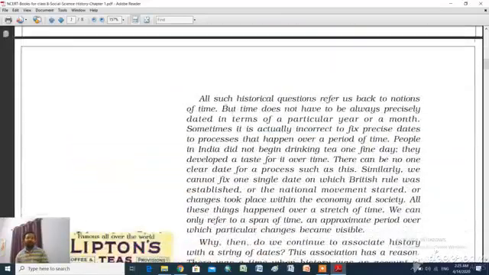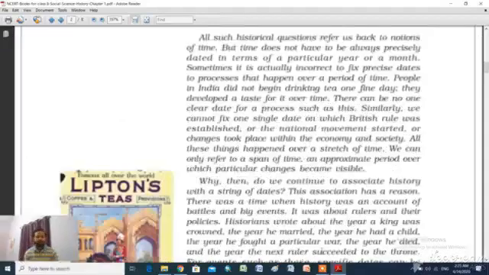So all such historical questions refer back to the notion of time, but time does not always have to be precisely dated in terms of a particular year. History is always related to our past, but here is a problem: the past was not properly recorded, as in past times there were no modern facilities, or there was no intention to record all phenomena precisely.